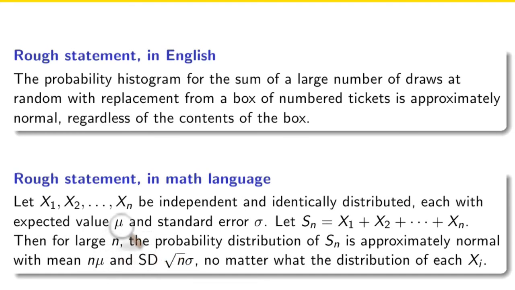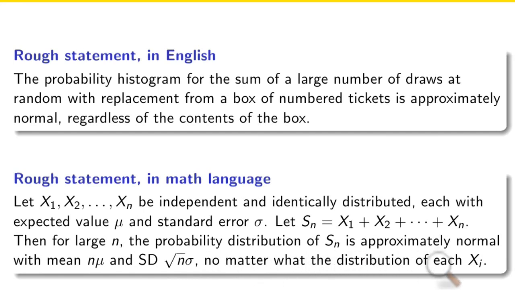Each has expected value mu and standard error sigma, and you look at the sum of all of them. Then for large n, the distribution of the sum is approximately normal, and here I've given you a little more information. Which normal? The mean is the number of draws times the average of the box, and the SD is the square root of the number of draws times the SD of the box.